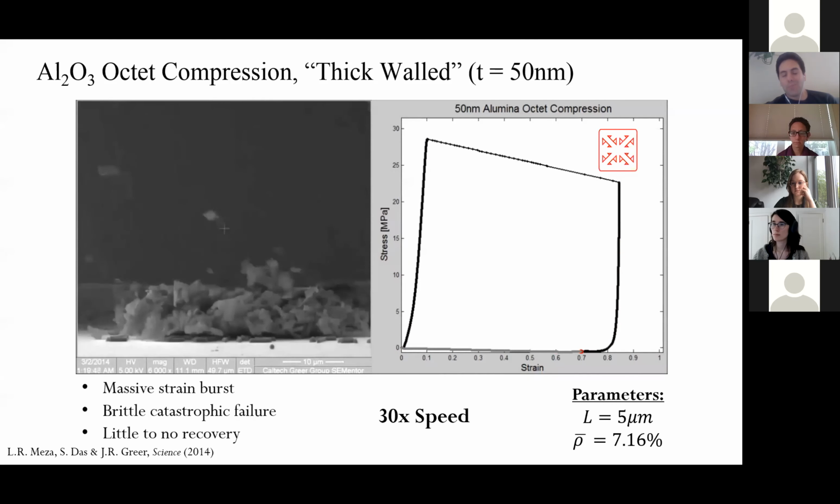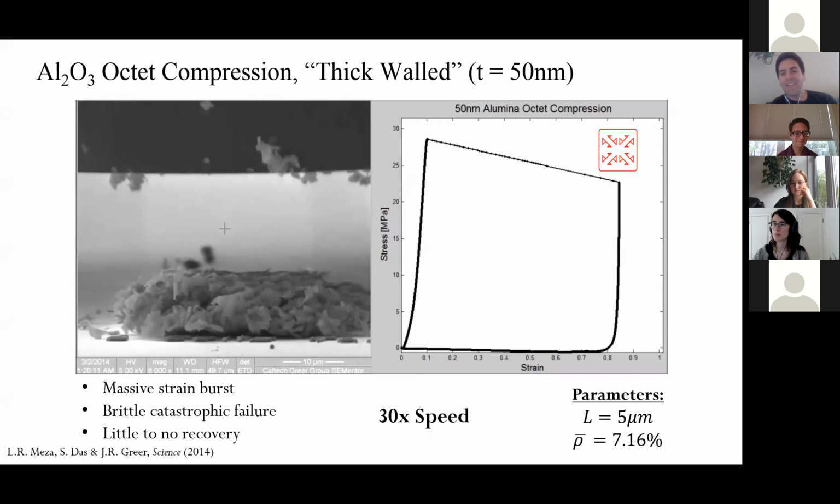So there's a brittle catastrophic failure, no recoverability. The whole thing kind of crushes and doesn't come back. It's pretty light, it's pretty high strength, but it's not super useful as an engineering material, which say you wanted to make a lightweight airplane wing, you wouldn't want your airplane wing blowing up in the sky midway through flight.